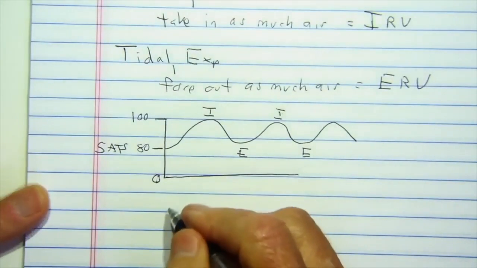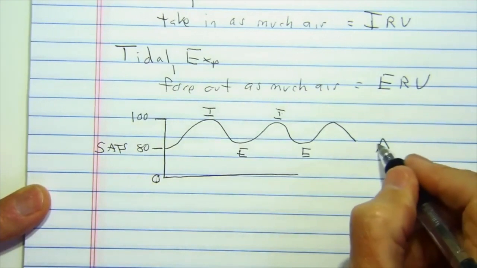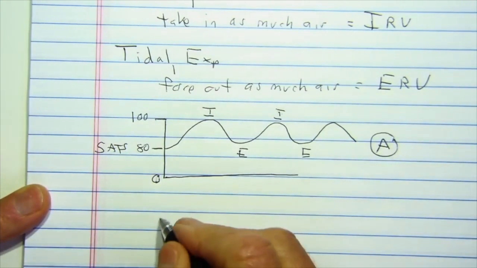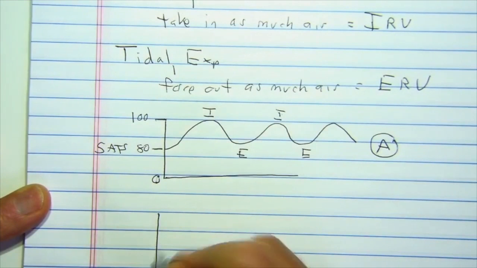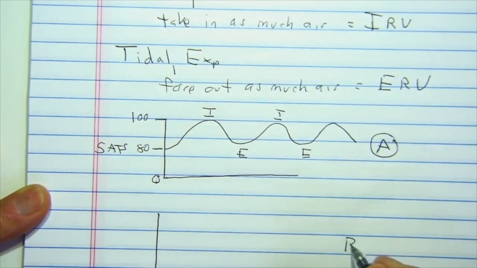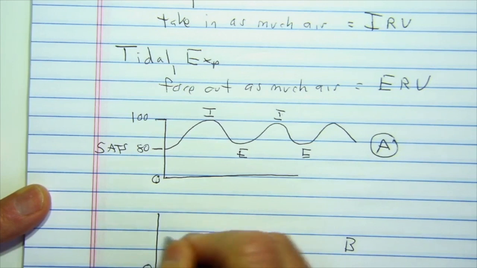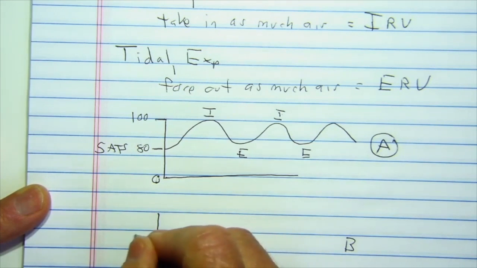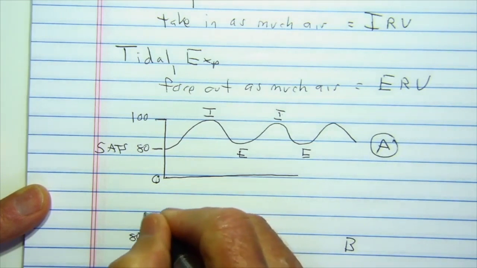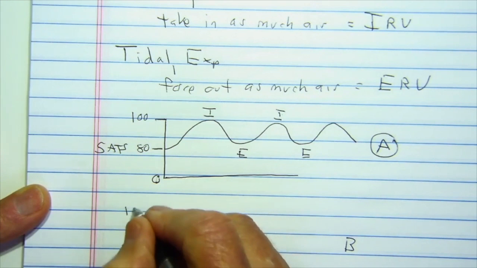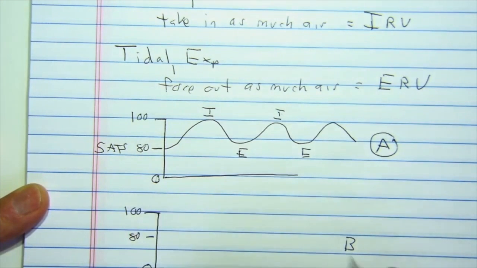Or, if that was diagram A, and this was diagram B, the same diagram, except in diagram B, if this is 0, and this is 80, and this is 90, well, this is 100 up here, what does that look like?